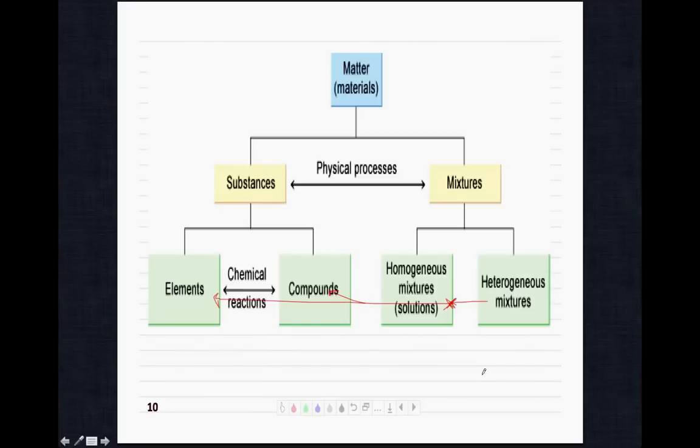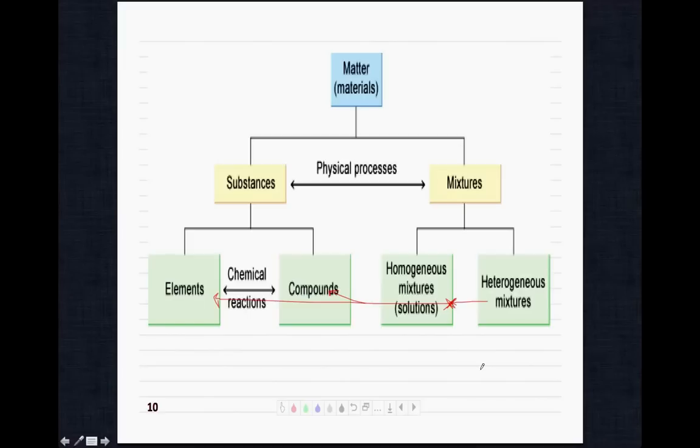Okay? Even salt and water, the way to separate them is sometimes just by evaporating the water and collecting it, and we'll end up with the salt in here. This is also a physical process. We call this process distillation. So anytime we want to go from a heterogeneous or homogeneous mixture to pure matter, we do a physical process, not a chemical process.